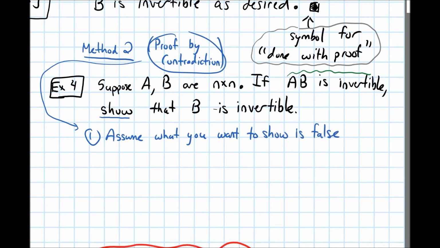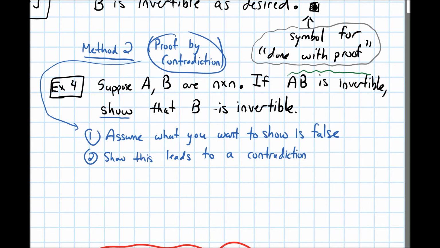Basically, you assume the opposite of what you want to show. And then what you try to do is show this leads to a contradiction.